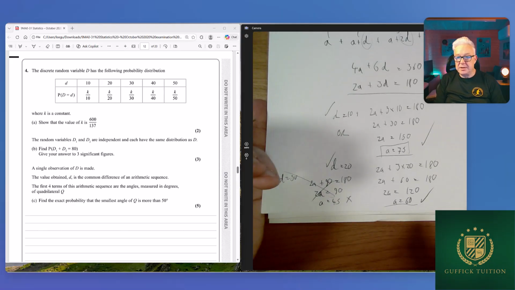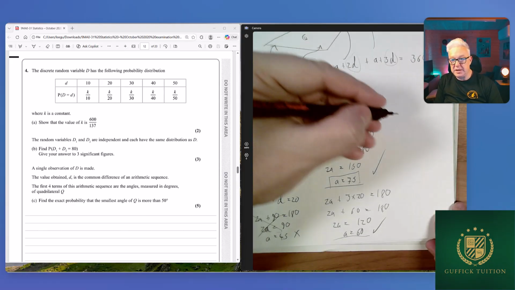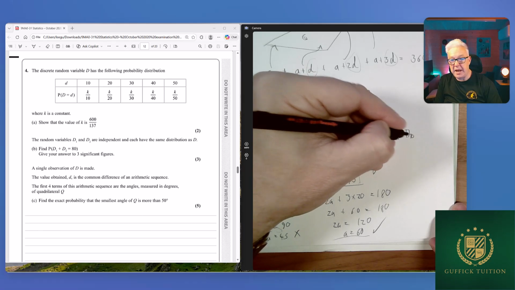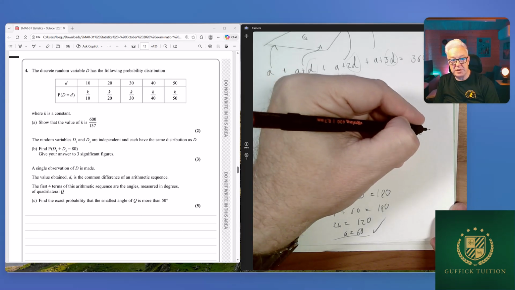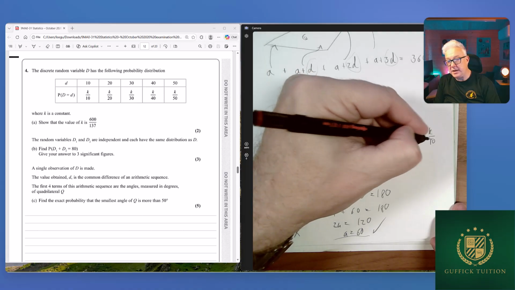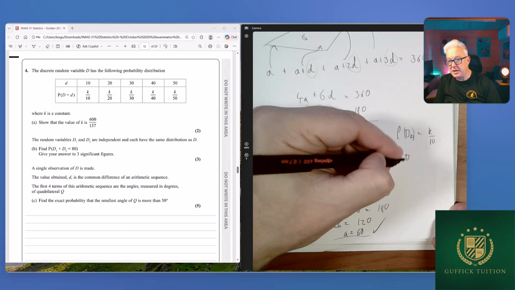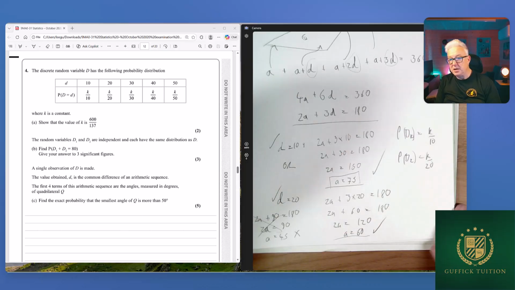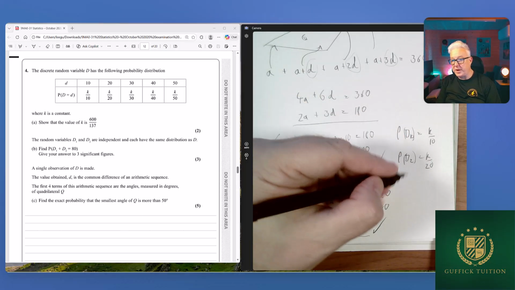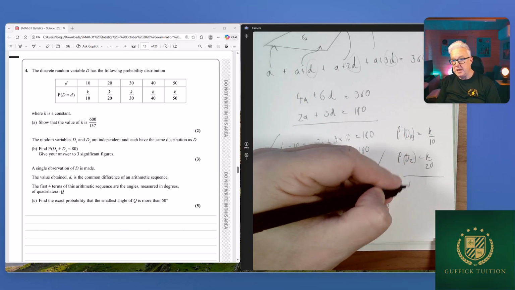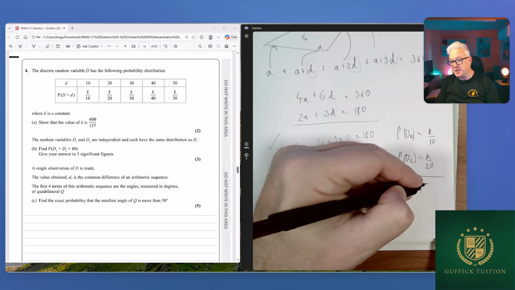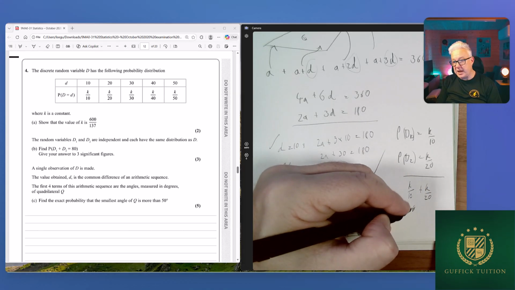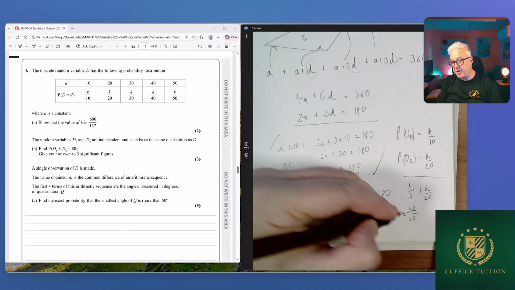All right. So let's have a look now. What's the probability that D equals 10? Probability of D being 10 is equal to k over 10. Probability of D being 20 is k over 20. So it's going to be that one or that one. So the probability is going to be k over 10 plus k over 20, which is the same thing as 3k over 20 when you add those together.